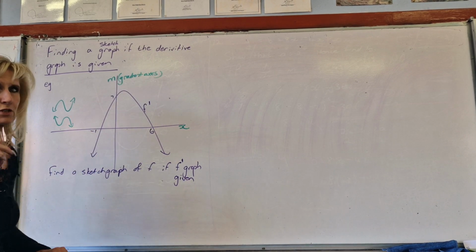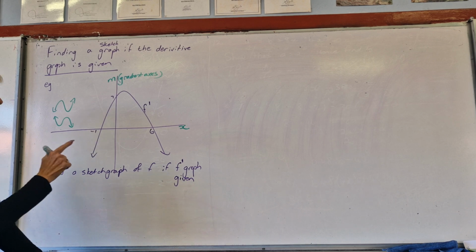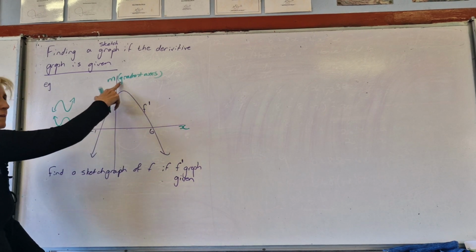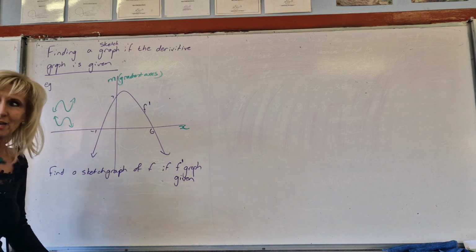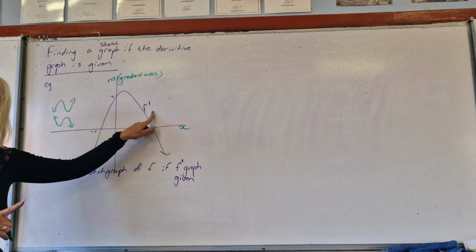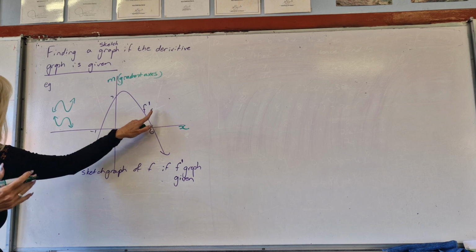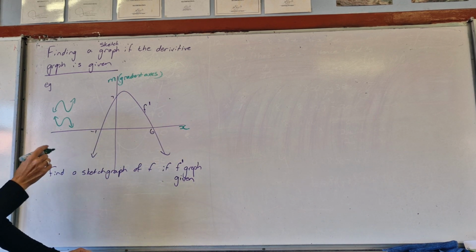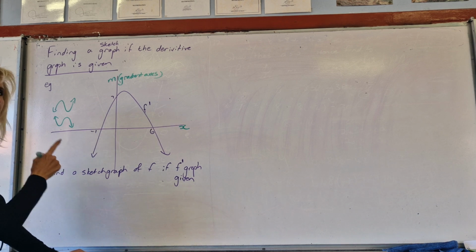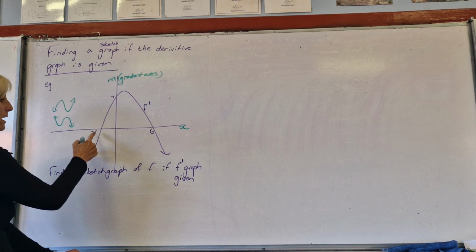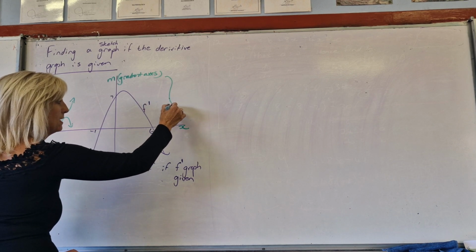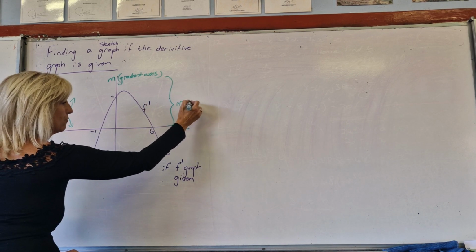Okay? Focus, children, focus. So it's representing that for every x, there's a certain gradient, because f accent, the derivative, is showing you the gradient. So, looking at this graph, I'm going to teach you to always say that is where your gradient is.